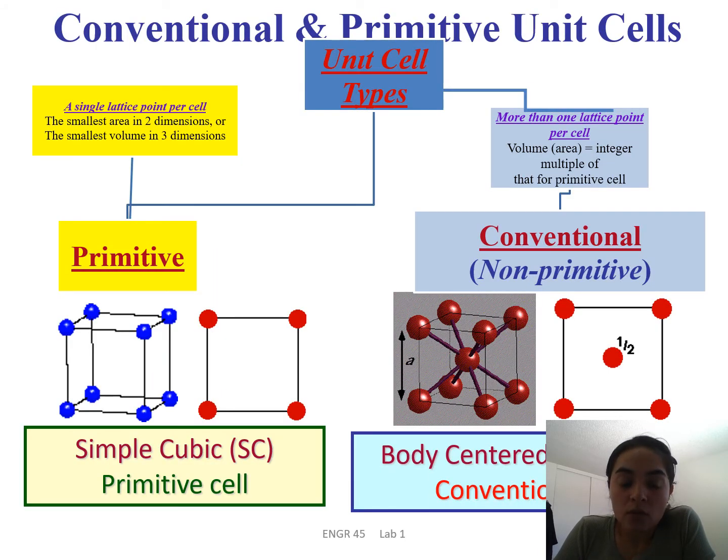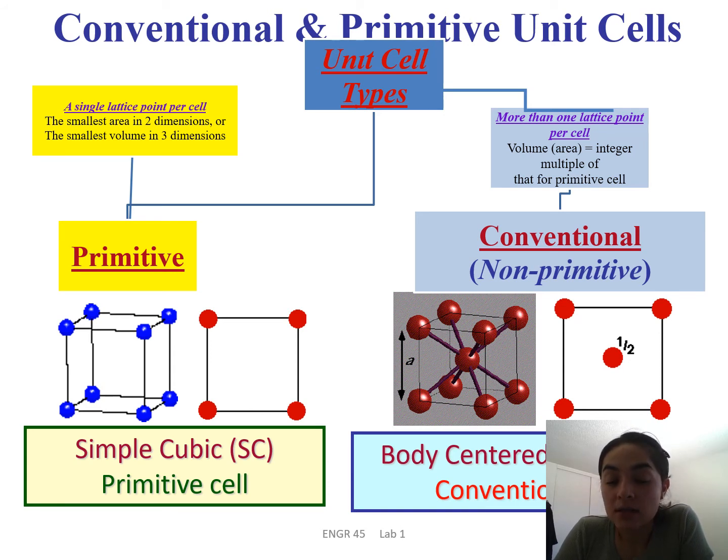So, as in the example here, primitive unit cells can be unit cells for simple cubics, because simple cubics have atoms only at each of the corners of the cube. But for all the other types of crystal structures, you will have conventional unit cells which contain more than one lattice point.